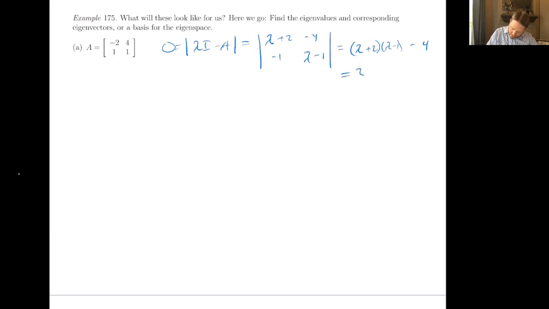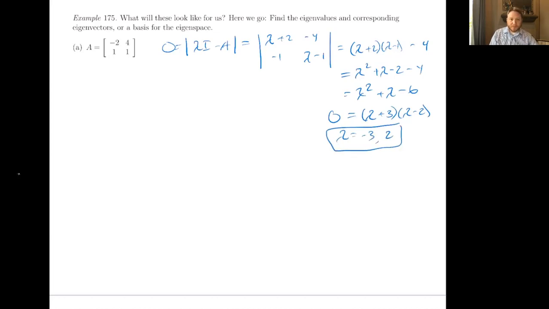So I get lambda squared plus lambda minus 2 minus 4, lambda squared plus lambda minus 6. So I have 0 equals (lambda plus 3)(lambda minus 2). So my two lambdas are lambda equals negative 3 and positive 2. Those are my two lambdas.